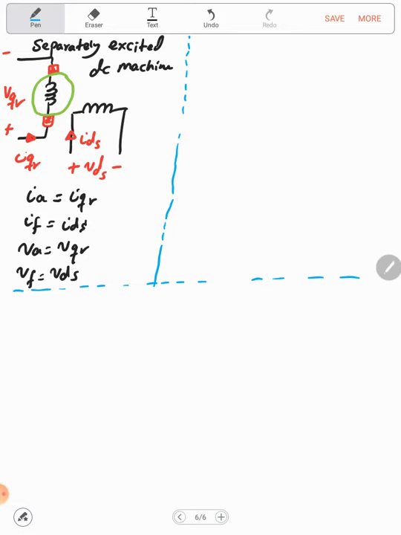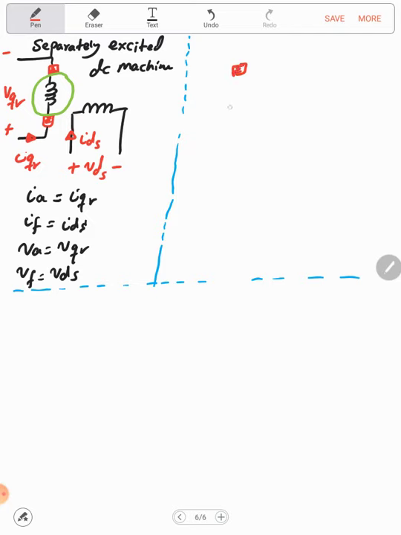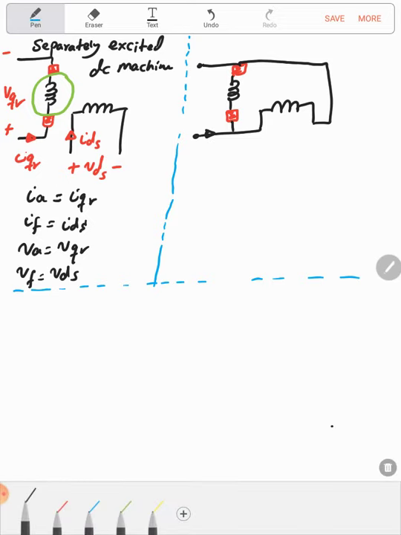Now, if we connect the two coils in parallel, now this will be the total current.